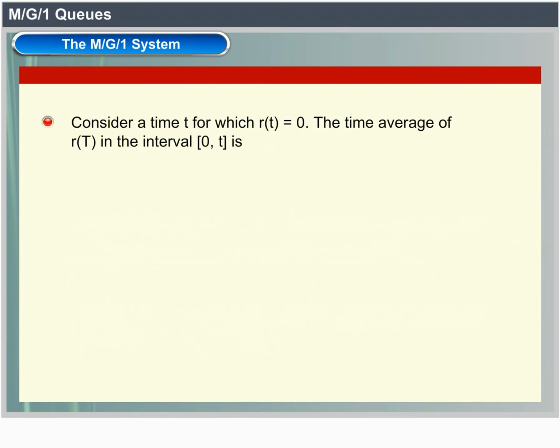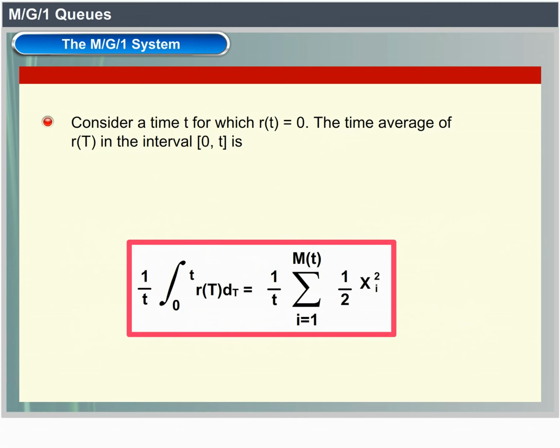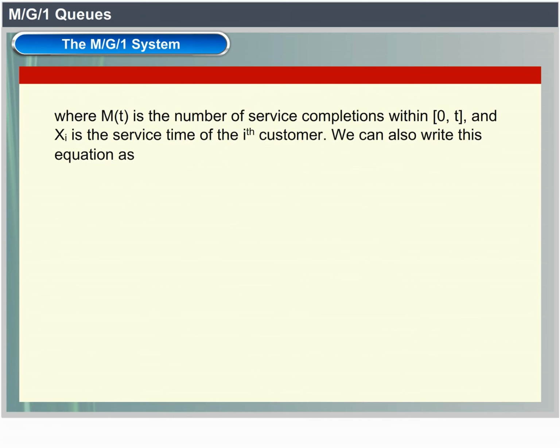Consider a time t for which R of t is equal to 0. The time average of R of t in the interval 0 to t is 1 by t integral 0 to t of R tau d tau, which is equal to 1 by t summation i equals 1 to m of t of 1 by 2 Xi square, where m of t is the number of service completions within the interval 0 to t and Xi is the service time of the ith customer.